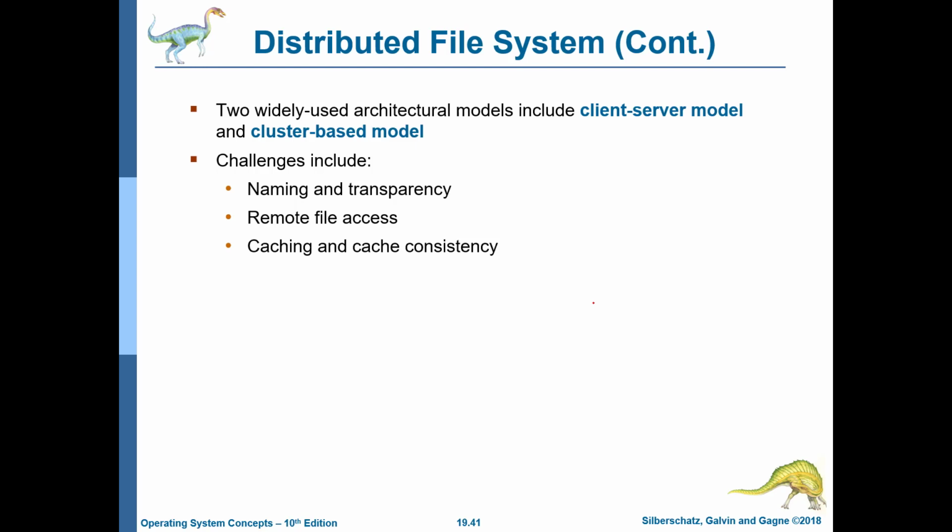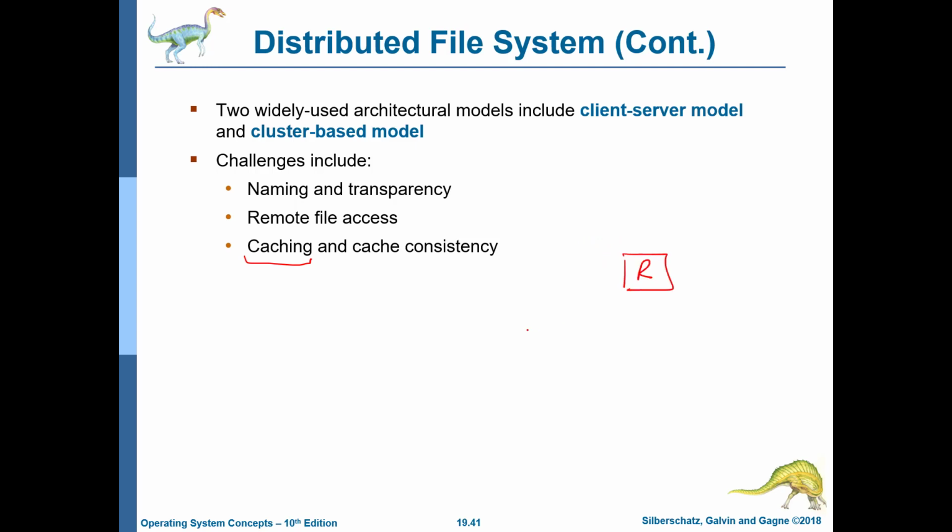There are two widely used architectural models here. One is a client server model, which NFS uses, where we have a server which is a default home and then we have clients. The other is a cluster based model, which we'll discuss. The challenges include how we name the file systems, provide location transparency, and so on. How do we access files that are held remotely? We may also want to cache files or portions of files.